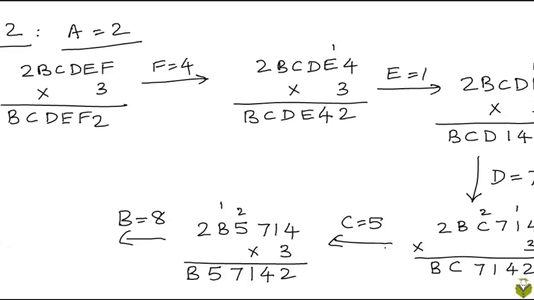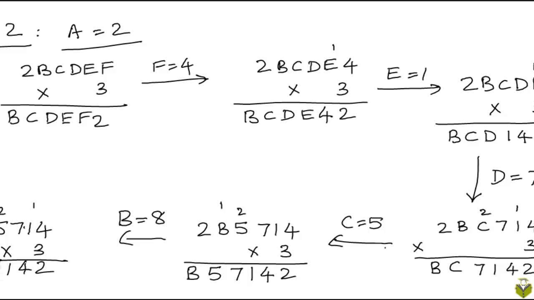We get 285,714 times 3. 3 4s are 12. 3 1s are 3 plus 1 is 4. 3 7s are 21. 3 5s are 15 plus 2 is 17. 3 8s are 24 plus 1 is 25. 3 2s are 6. 6 plus 2 is 8.